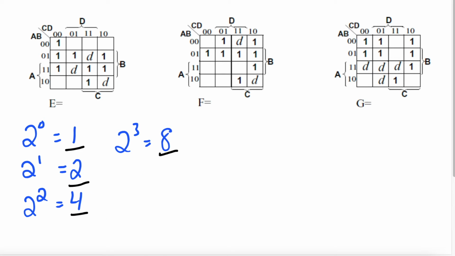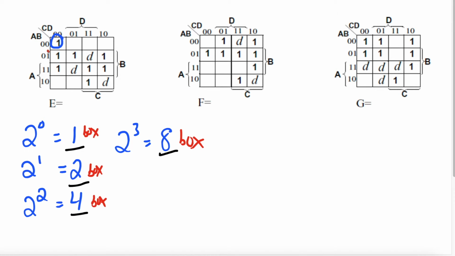What I mean by that is that we can circle 1 box, 2 boxes, 4 boxes, or 8 boxes. Do you guys kind of get my drift of where I'm going? So 1 box, 2 box, 4 box, or 8 box.